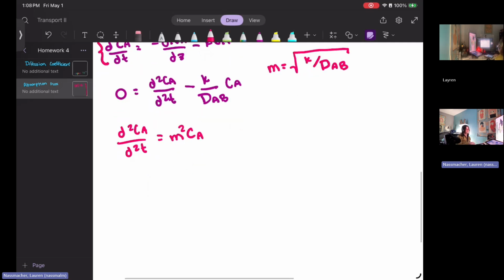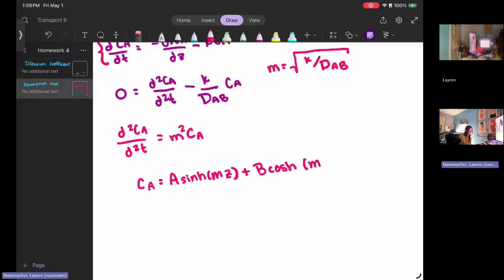From here, we can use differential equation concepts: our concentration equals constant A times hyperbolic sine of mz plus constant B multiplied by hyperbolic cosine of mz.